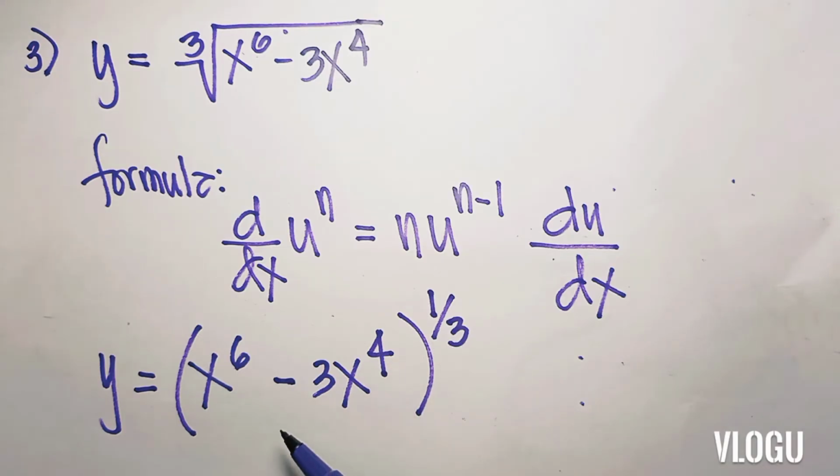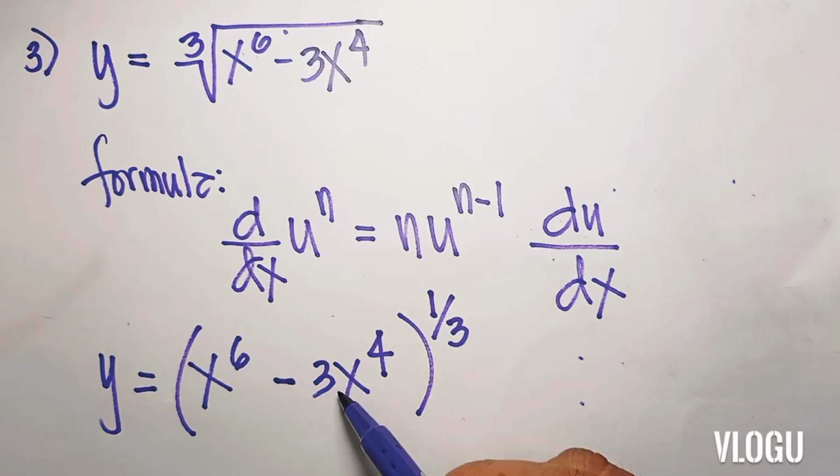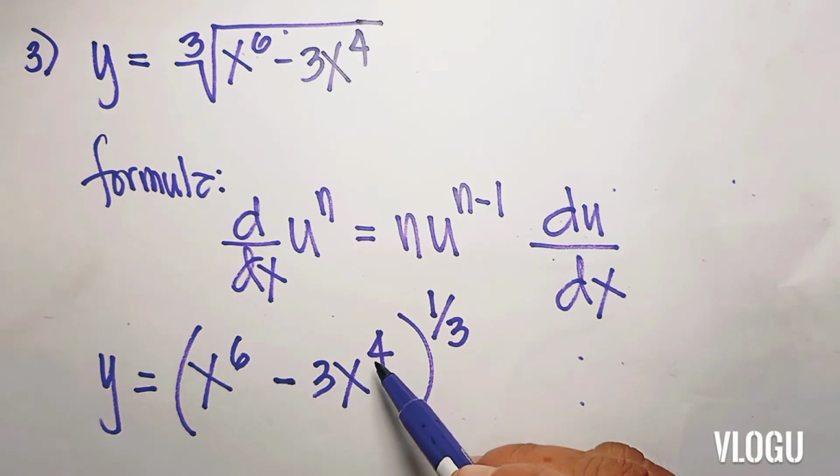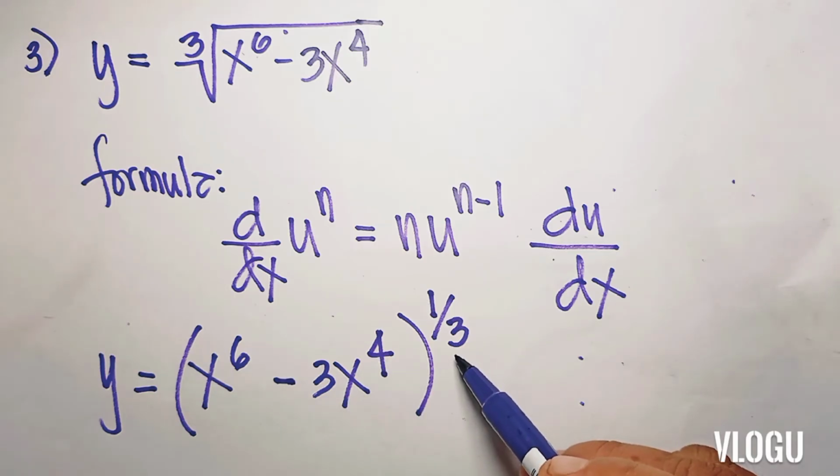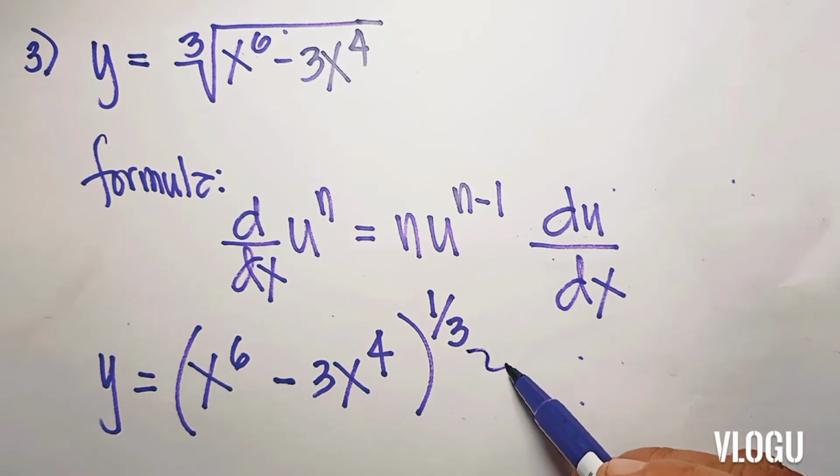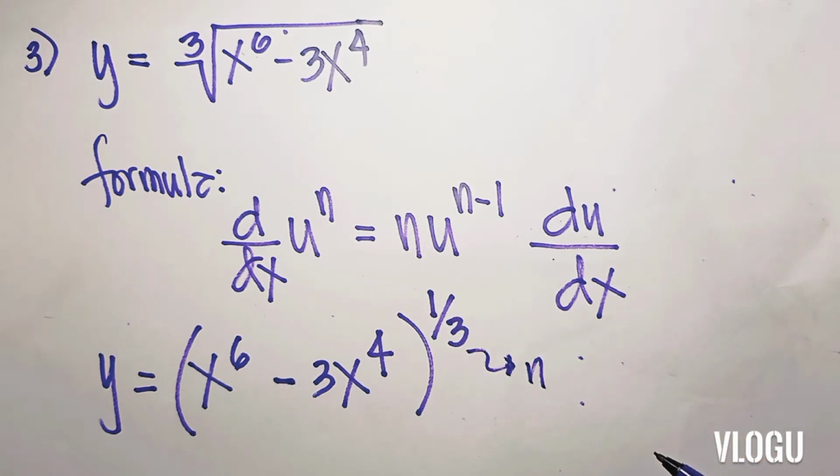Wherein, our u here is x to the 6 minus 3x to the 4th. Our n is 1/3.